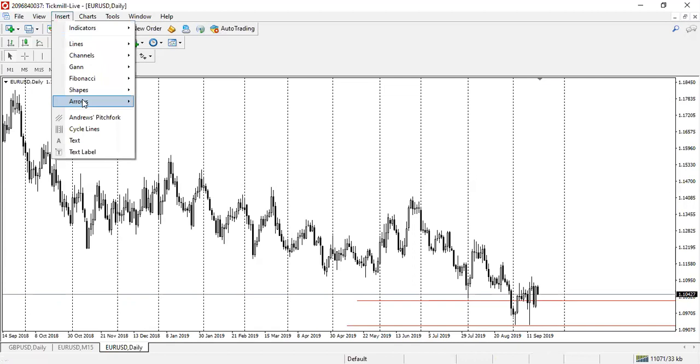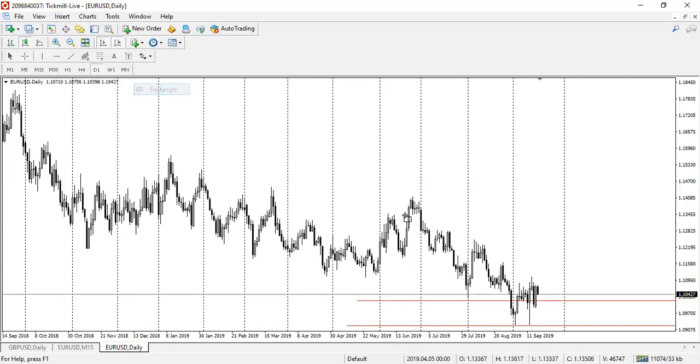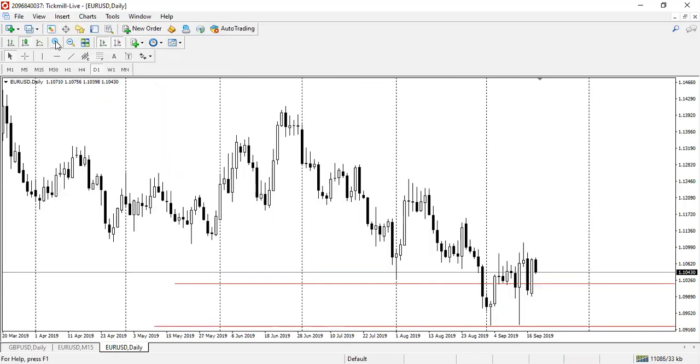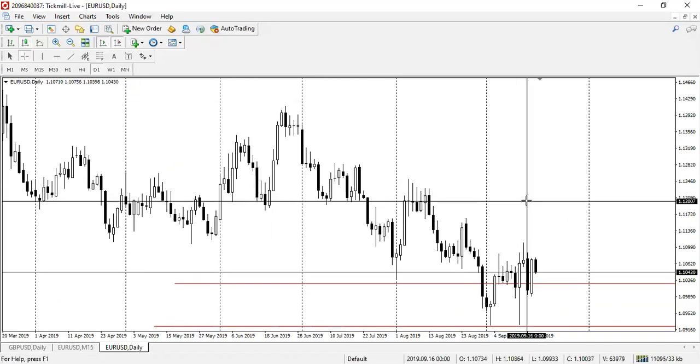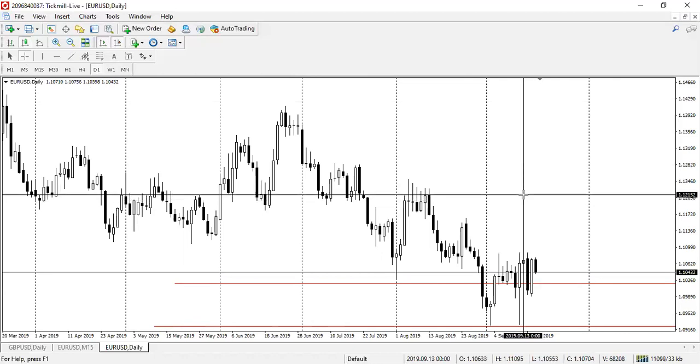Let me mark it. Here. This order block here at the tip. Okay, let me mark it again. Let me zoom this in. So at the tip, this is the 10th.